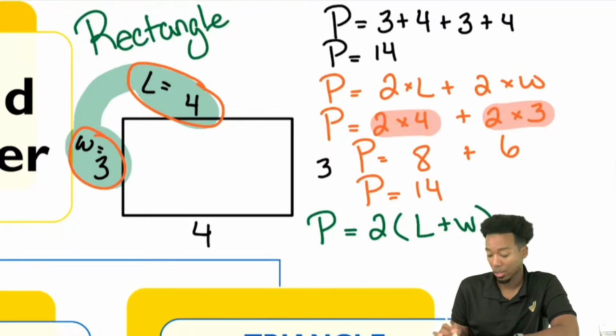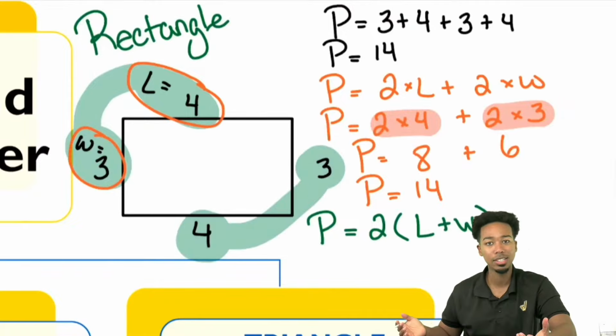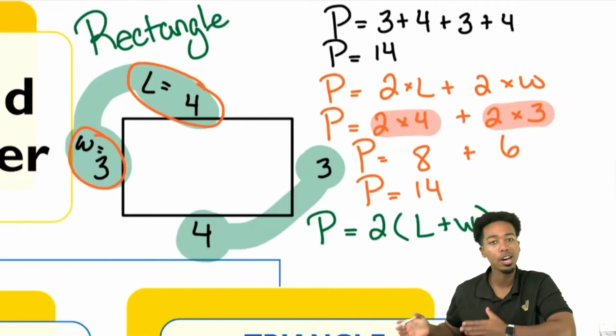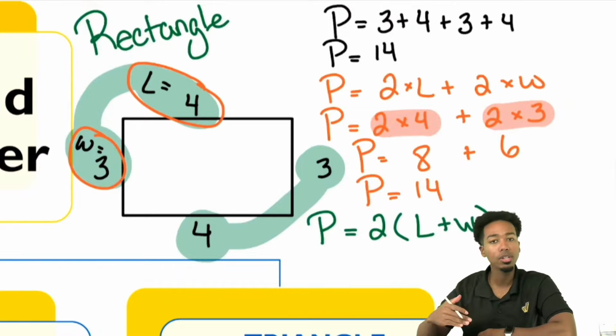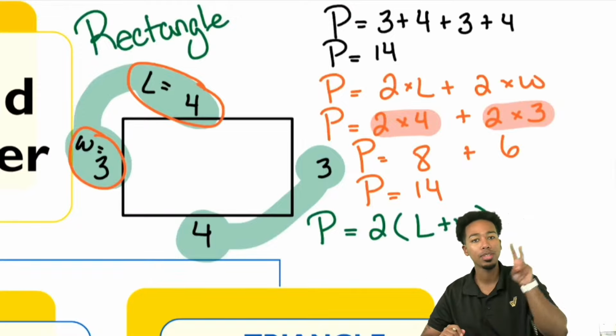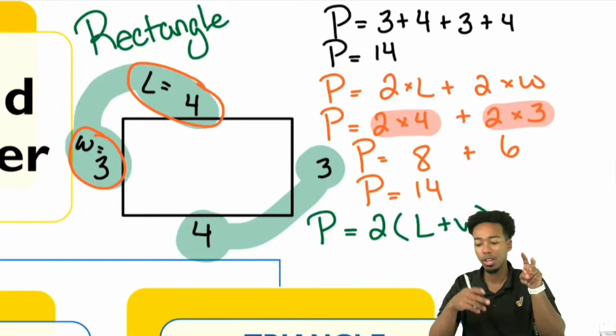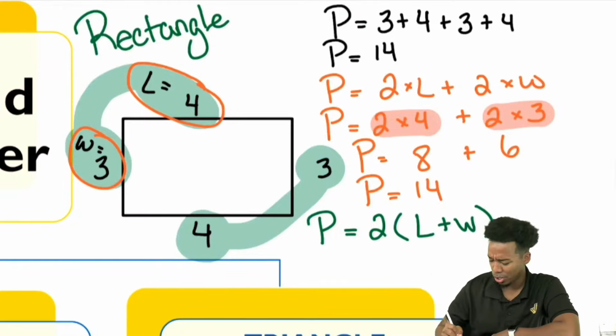So we can add the length and the width, and then we can double it because we have another pair right there that's the exact same thing. That's all I'm saying here when it comes to the perimeter. You can go ahead and just add the length and the width, double it, and that'll give you the perimeter. Because with the length and the width being added together, that's 2 of the 4 sides. Then when you double it, you get the other 2 sides. So let's see if that's true. Let's see if that actually works.